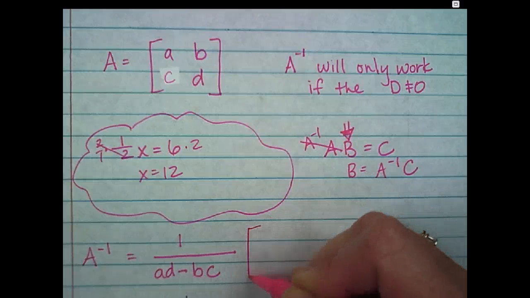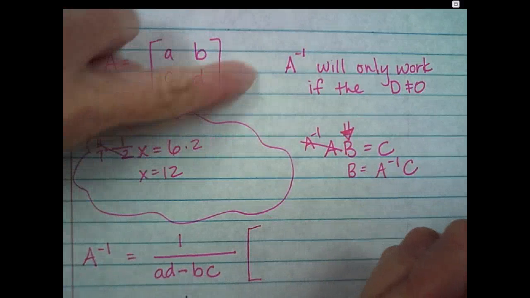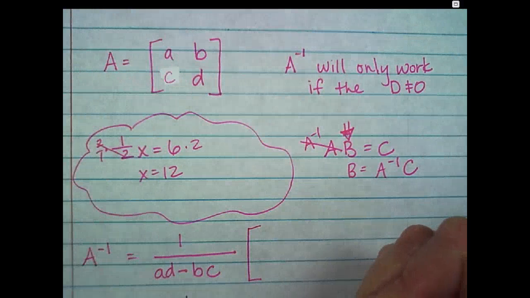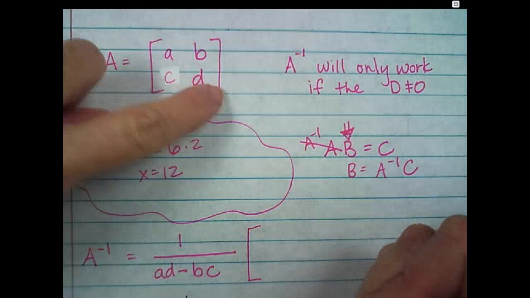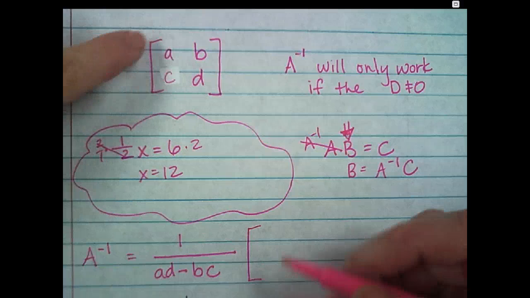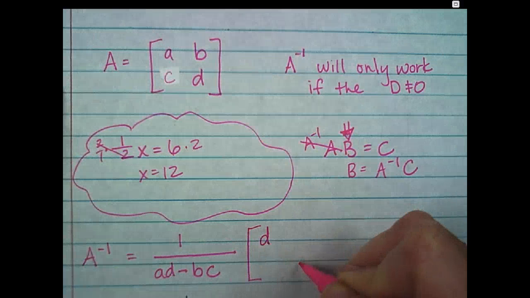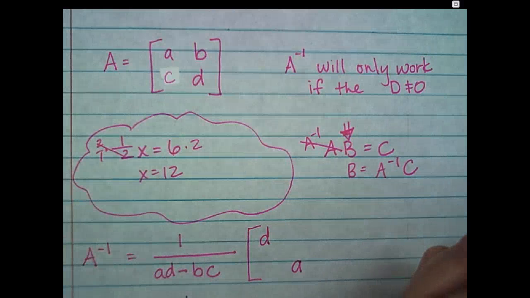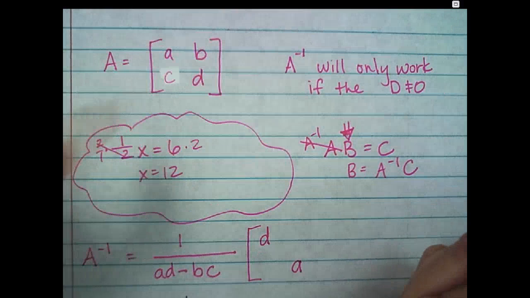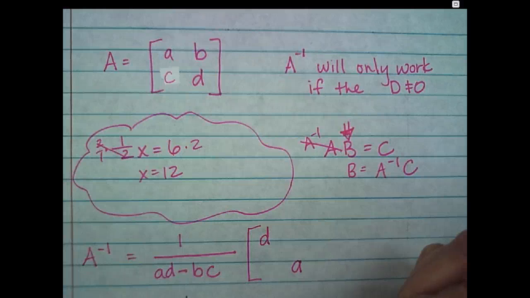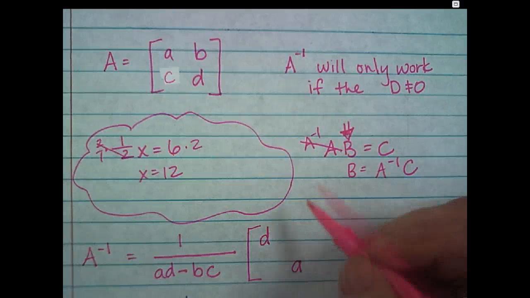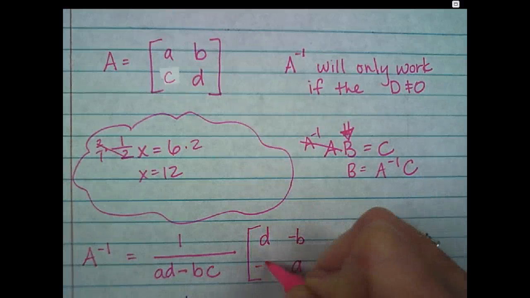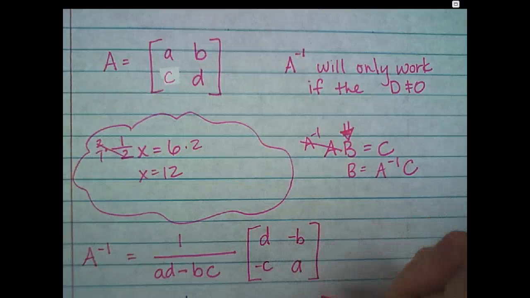And guys, the new matrix is really weird. You look at the original A, and you flip these. So you're going to put D here and A here. You see what I just did? I flipped them. And your B and C stay where they are, but they become the opposite. So you're going to put negative B, negative C. They keep their original position, but you write the opposite.